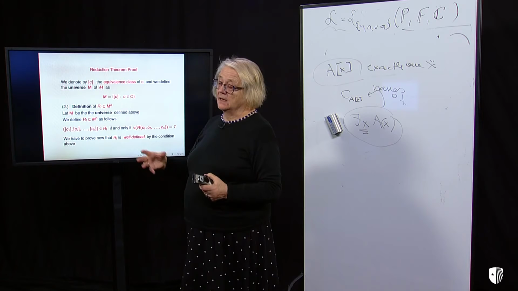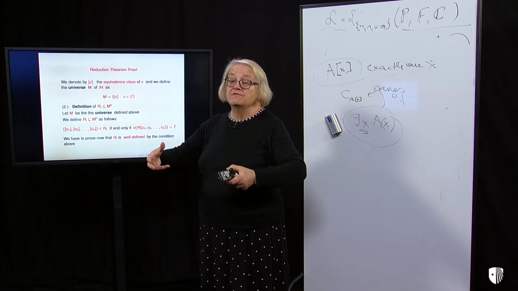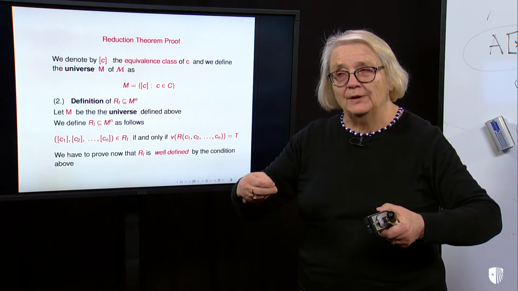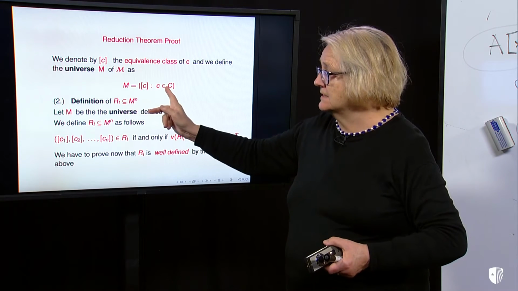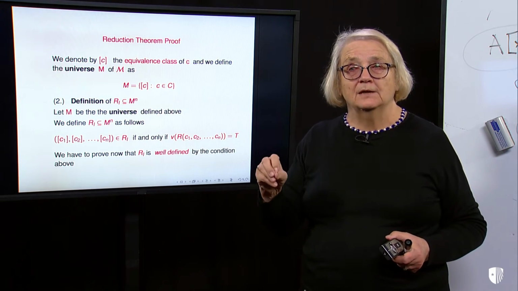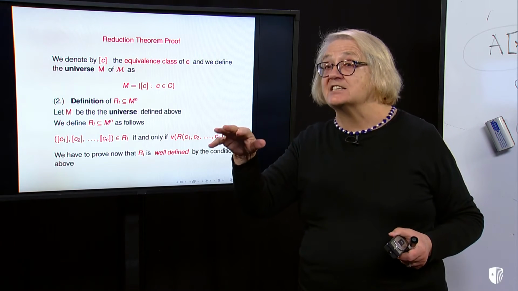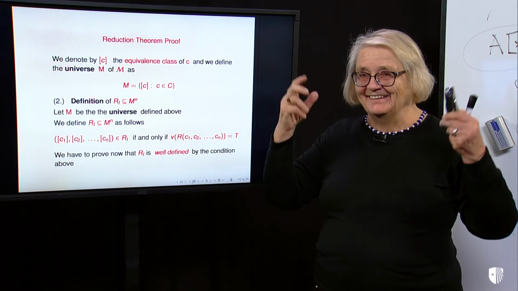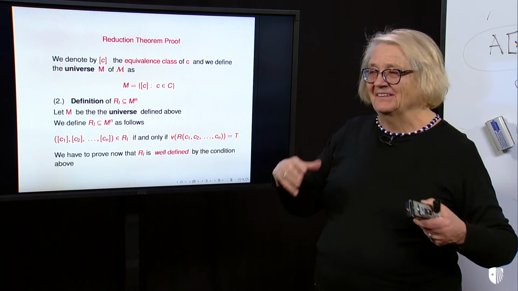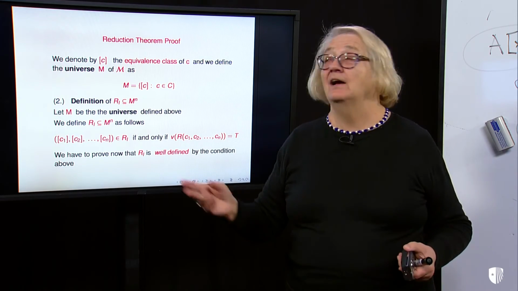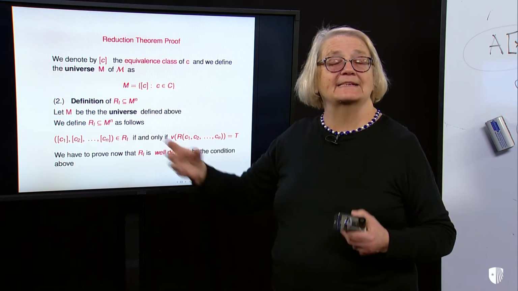So you can see the universe of the model has not only the c's, these new constants, which denoted the elements which existed in a metaphysical sense, but also equivalence classes.